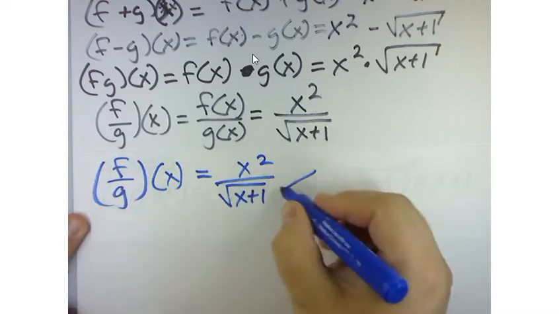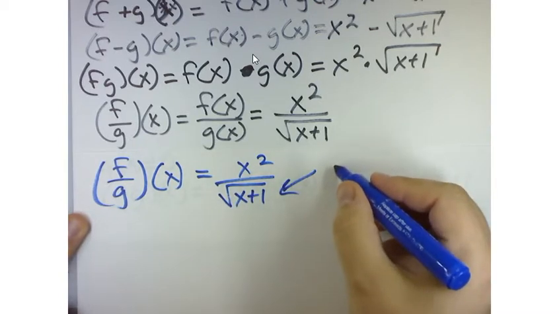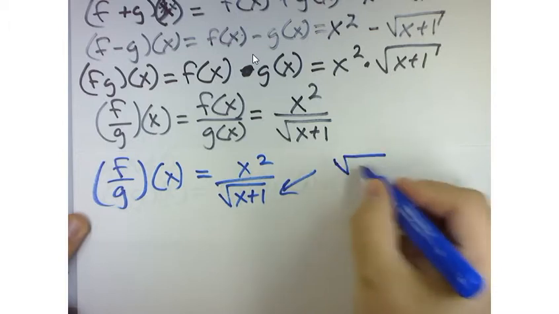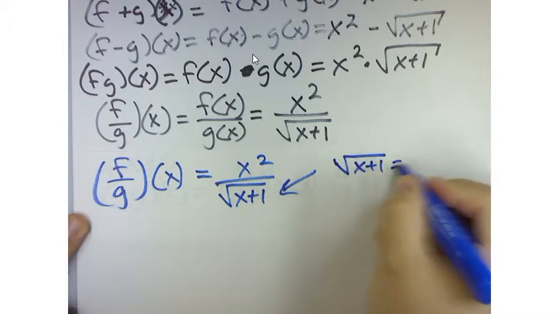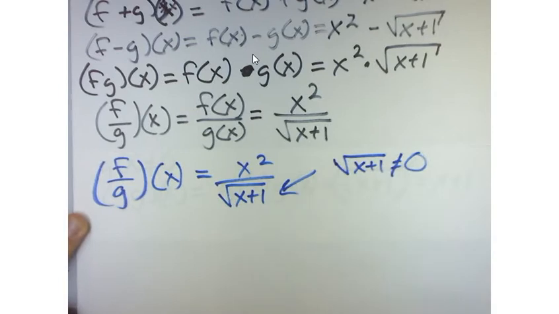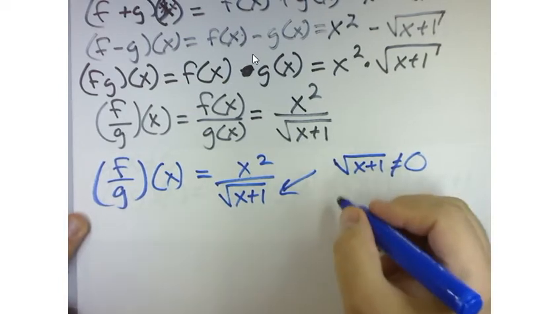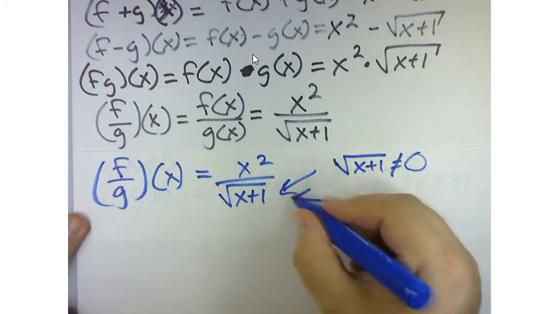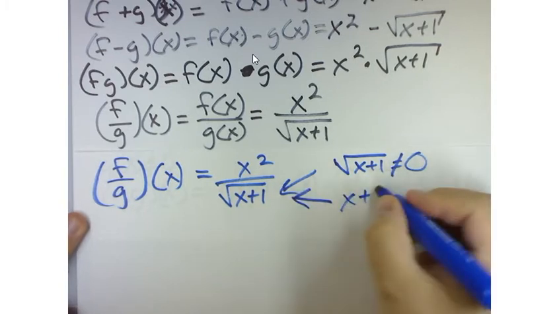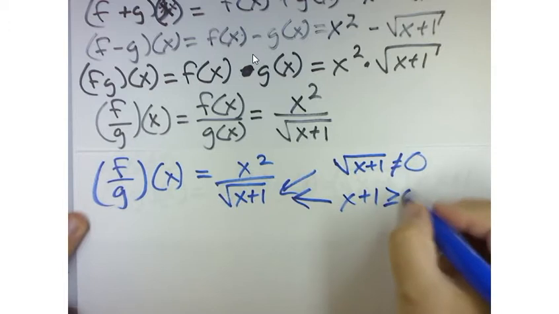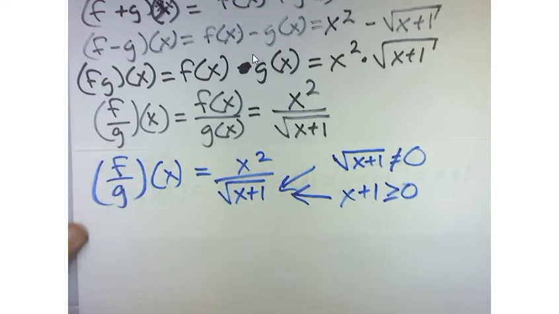Two restrictions. One is the square root of x plus 1 cannot equal 0. And the other one is x plus 1 has to be greater than or equal to 0 because I can't take the square root of a negative number.